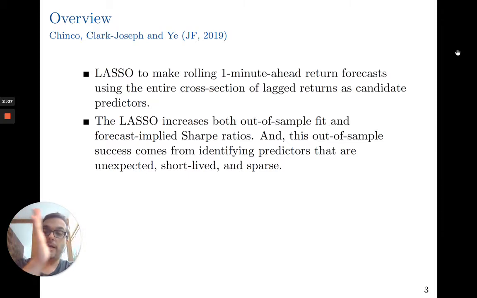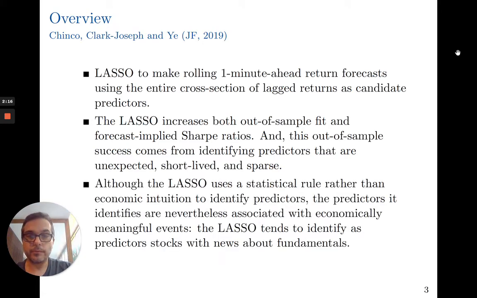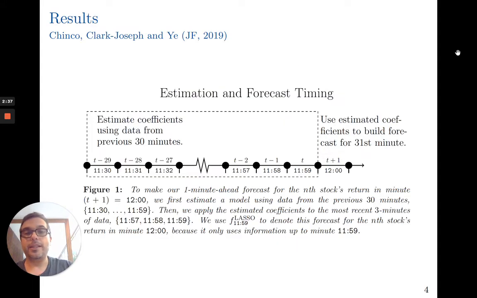They do it at several moments over the day, and these predictors don't survive much. Okay, and they provide some intuition for why this is the case based on events, on news, that these predictors will bring information about news, especially news about fundamentals. Okay? So that's the idea.